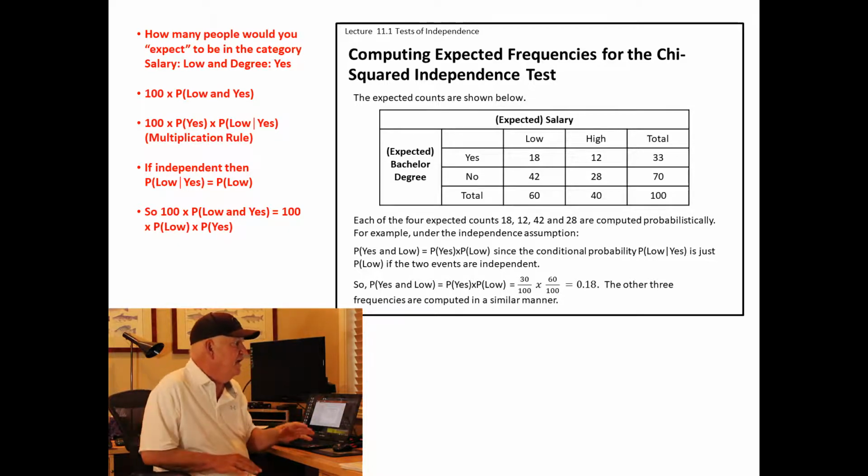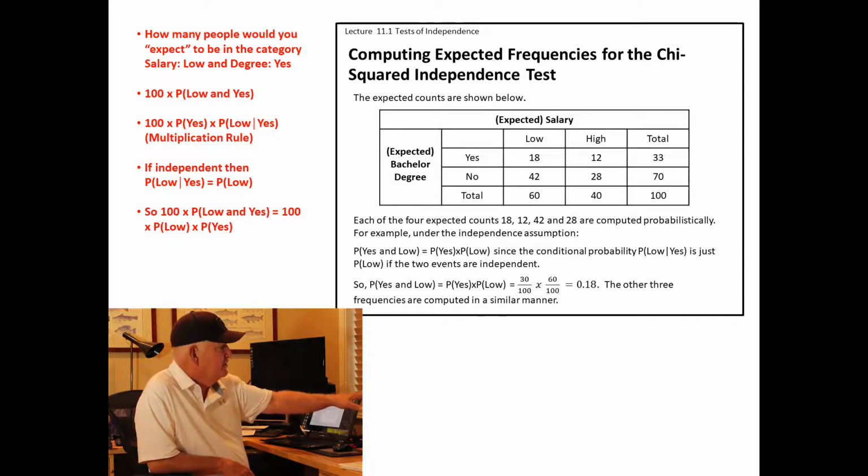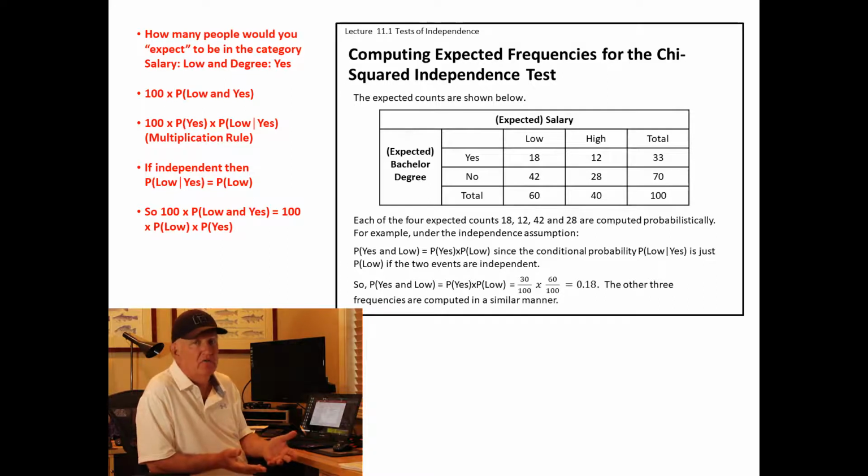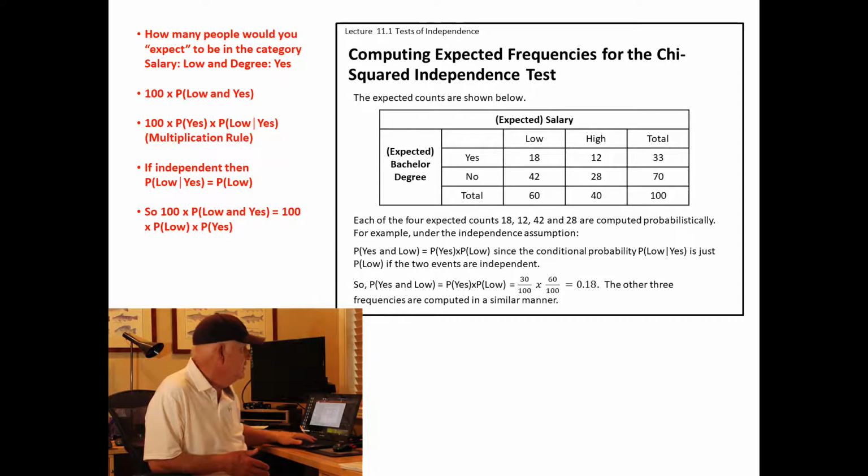And those things you can calculate, because out of 100 people, we see that 60 had low salaries, 40 had a high salary. So the probability of having a low salary is 60 out of 100. And likewise, the probability of yes is 33 out of 100, since there are 33 yeses and 70 no's.